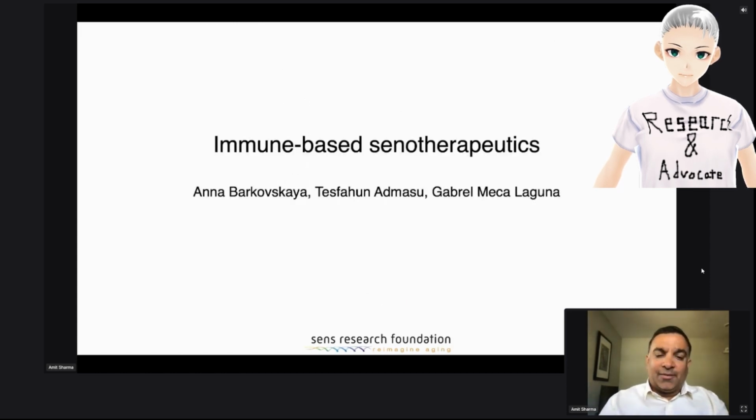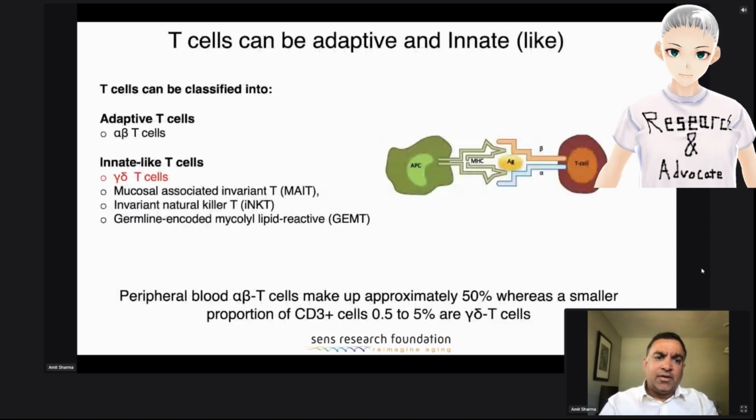So like Michael was saying, my main focus was on innate immune regulation of senescent cells and what other immune cells can find and kill senescent cells. In that work in the lab, we were looking at other immune cells that can find and kill senescent cells. And our focus went to this unique T cell, which is not quite an adaptive T cell.